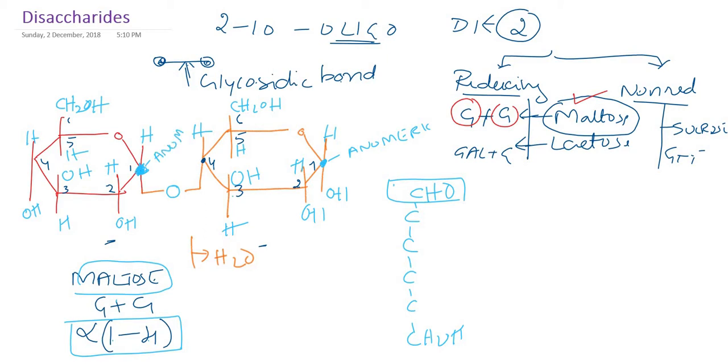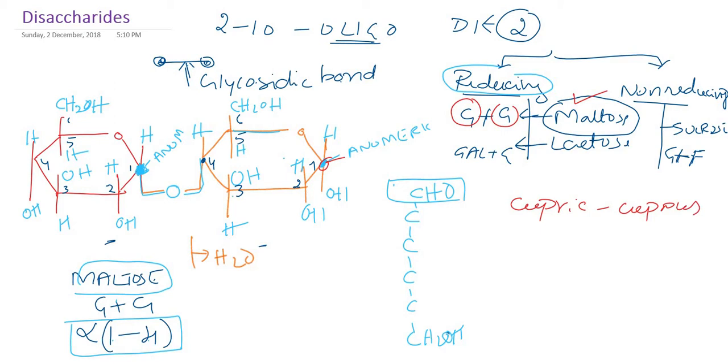Let me explain here reducing sugar. When in a disaccharide, if any one functional group is free, so in this case maltose, glucose and glucose, this functional group is utilized for formation of glycosidic bond. If any one of the functional groups is free in a given disaccharide, then it can reduce cupric to cuprous.